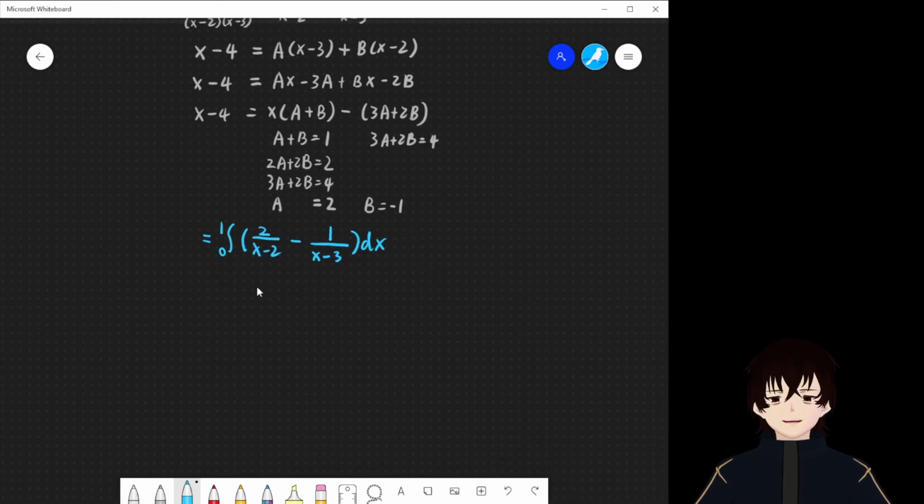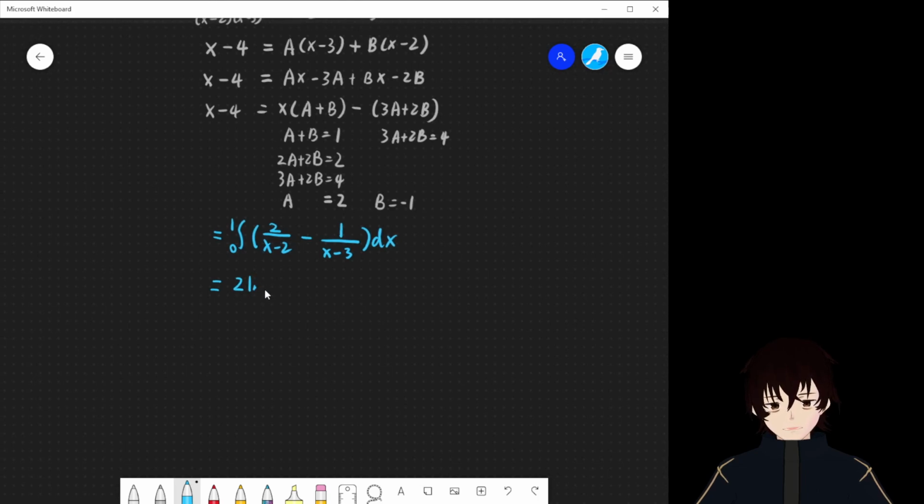And that is clean, because now the integral is really easy. This is just 2 natural log of x minus 2 minus natural log of x minus 3, from 0 to 1.